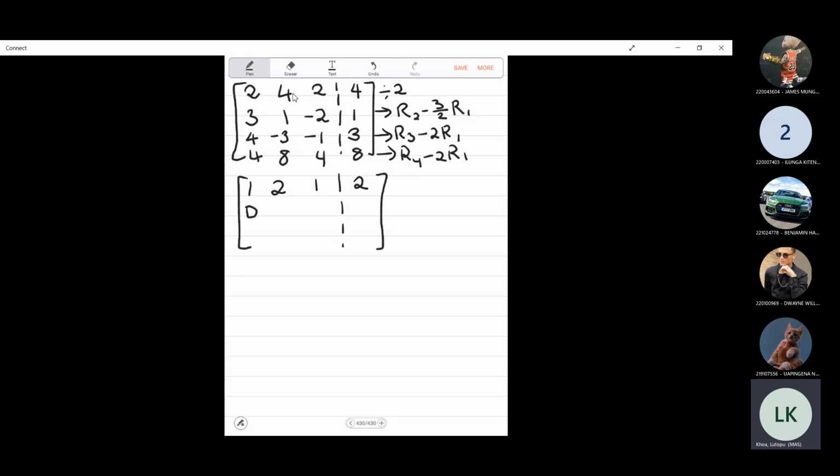Then 1 minus 4 divided by 2 is 2, and then times 3 is 6, so it's 1 minus 6, which is minus 5. Then here I have negative 2 minus 3, which is minus 5. And then 1 minus 6, which is also minus 5.